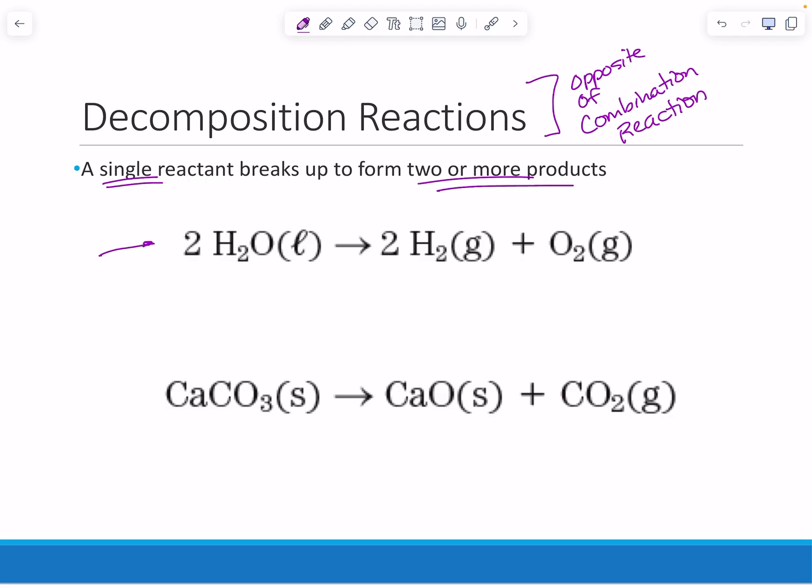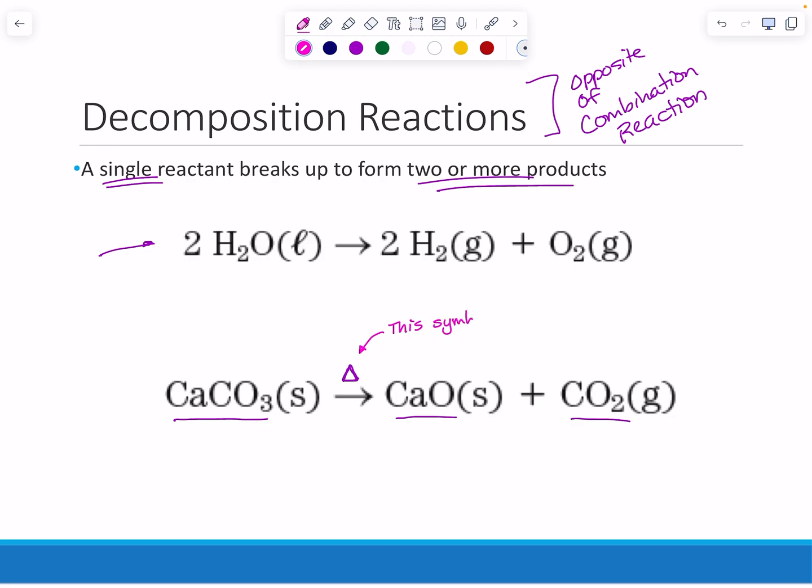And then here's one where we're taking calcium carbonate and we're breaking it up into calcium oxide and carbon dioxide. Now, if you see something like a little delta sign over the arrow in your reaction, what that means is I make this reaction go by adding heat. So you can think of it as a little flame.